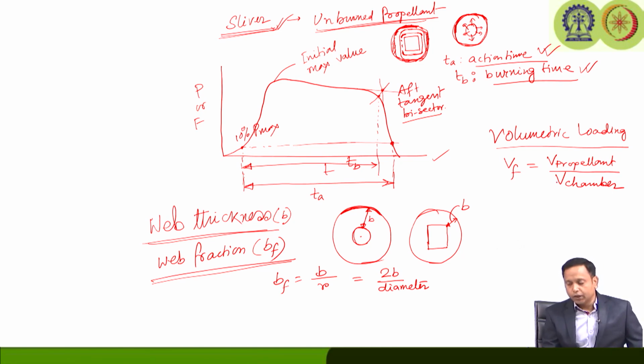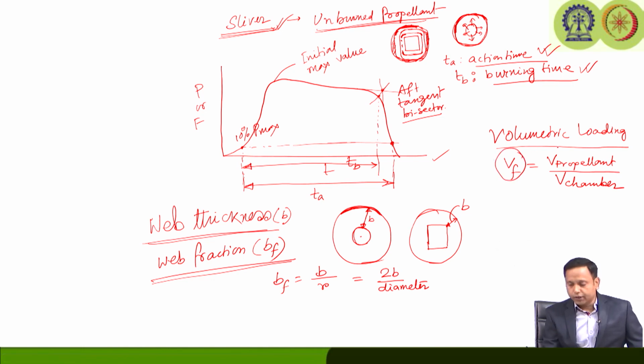Or we can say it is the volume of the propellant to the volume available in the chamber for the propellant, insulation, restrictors. So, it is like the total volume. This is the volumetric loading fraction.